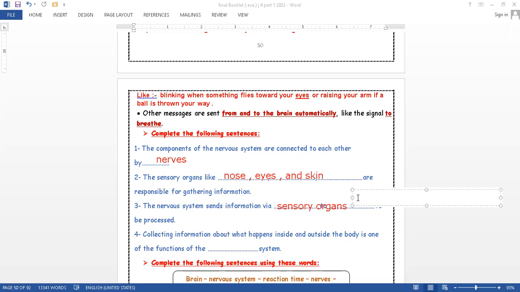So it will be to the brain at first, because he said that to be processed. So the second point is brain. Number four, collecting information about what happens inside and outside the body is one of the functions of what? One of the functions of our nervous system.